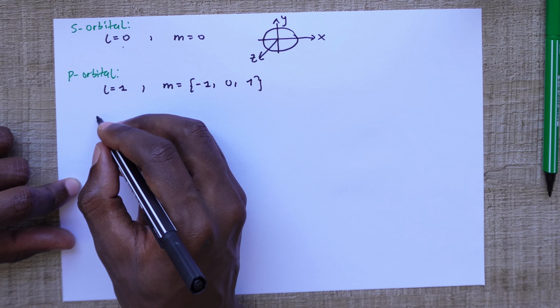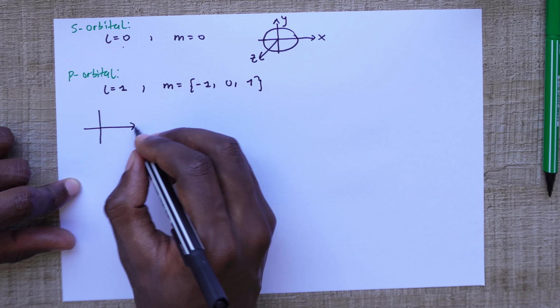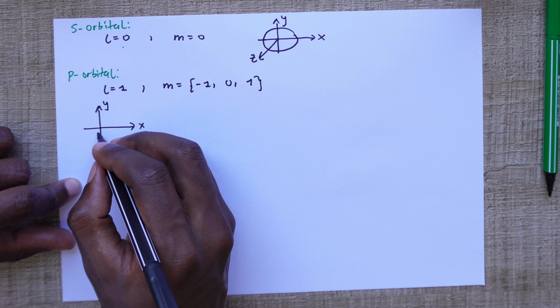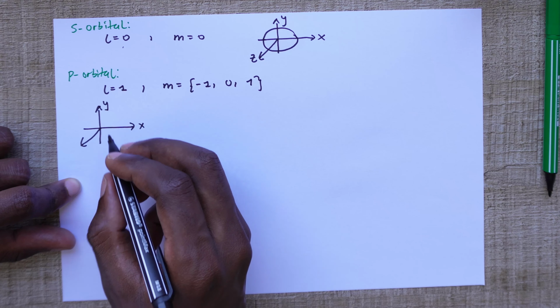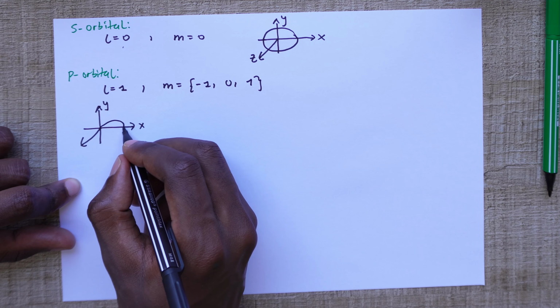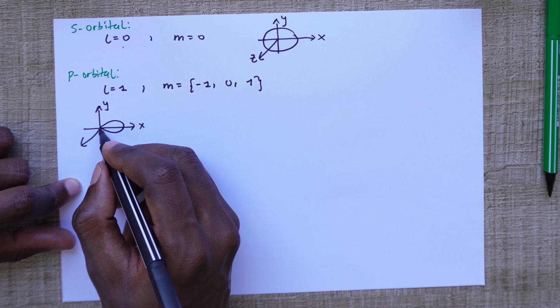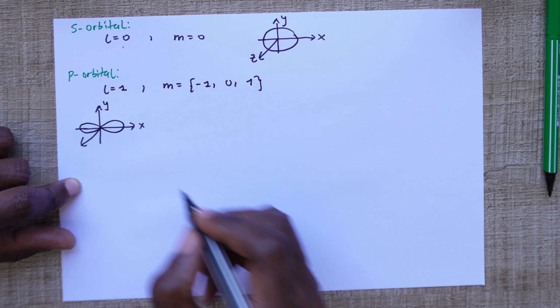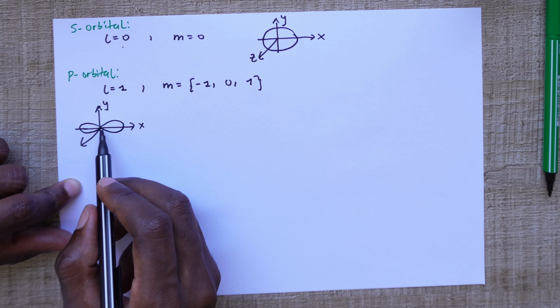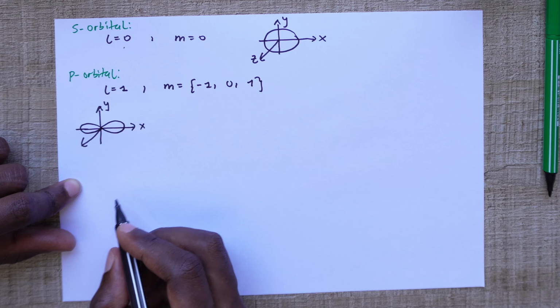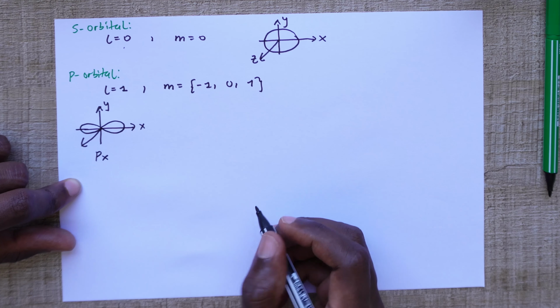The way they look, if you want to make a rough sketch, we said p orbitals had a dumbbell shape, so you can imagine something like this. In this case, the dumbbell is oriented along the x-axis, so this corresponds to the px orbital.